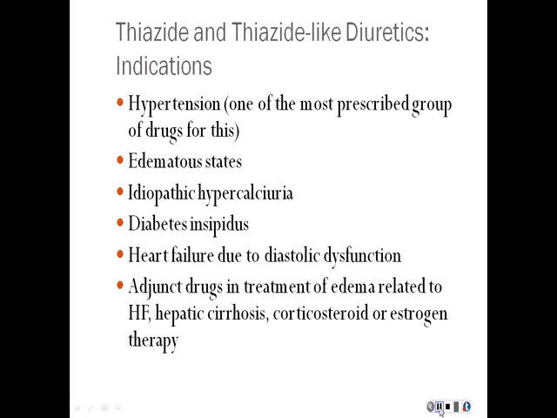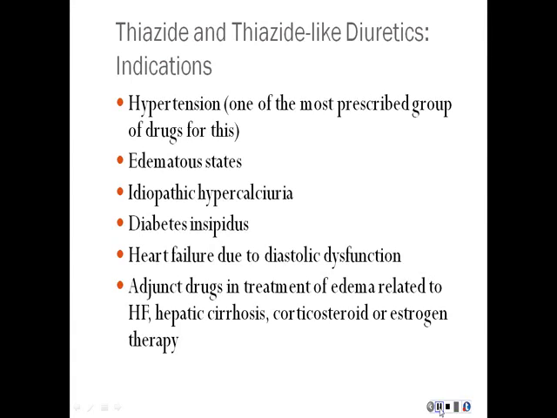So, indications for use of these types of medications. Hypertension, again, is one of the most widely prescribed uses in this group, and as I mentioned, hydrochlorothiazide or HCTZ is in many combination drugs to treat hypertension as well.